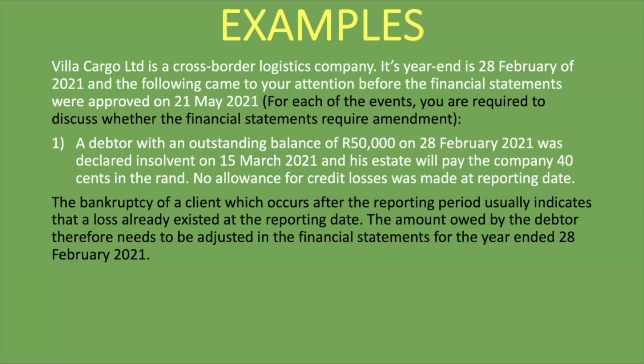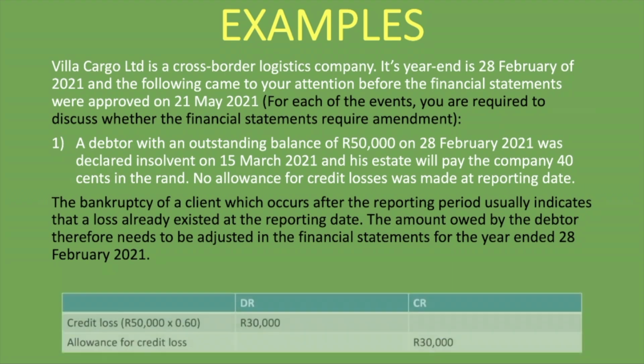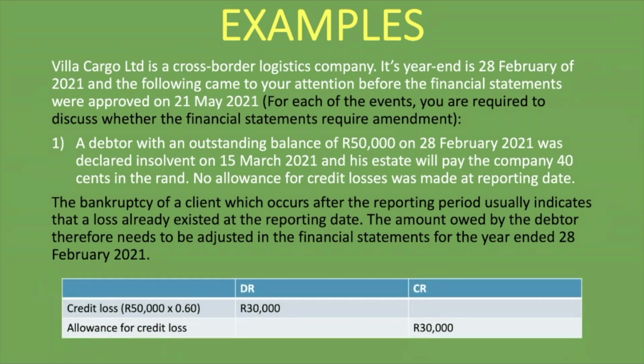So even though this happened after the reporting period, it gives evidence of a condition that existed at the reporting date. So here is exactly what we'll do. We will debit credit loss, and we'll take 50,000 Rand that he owed us times 60 cents. How did I get 60 cents? Well, if he'll pay us 40 cents in the rand, that means the remaining 60 cents is going to be bad debts or credit loss. That is what we'll have to record.